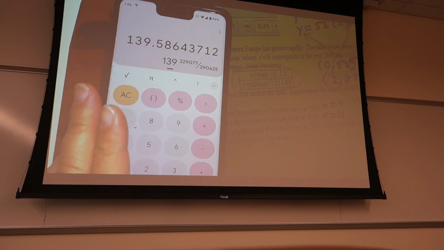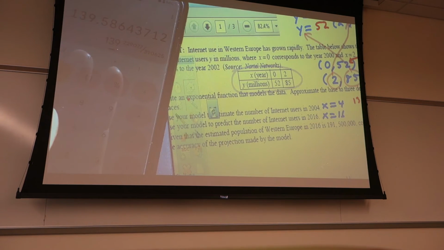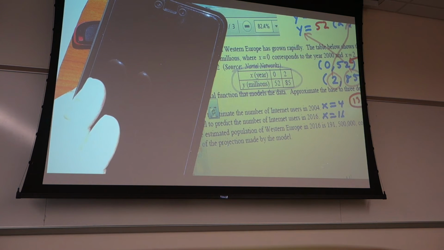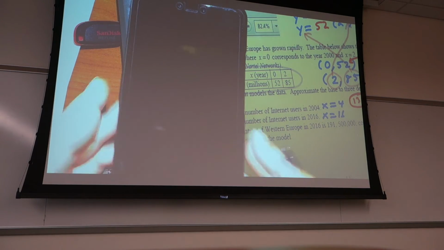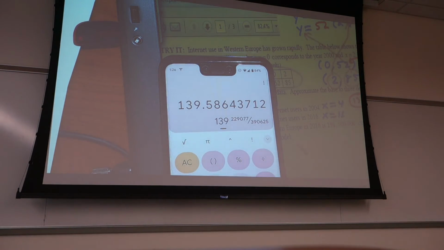Okay. So this is in millions, right? But the answer would vary depending on when and how you rounded it. Right, but if we round to one decimal, it should be pretty close. And then let's do the next one.